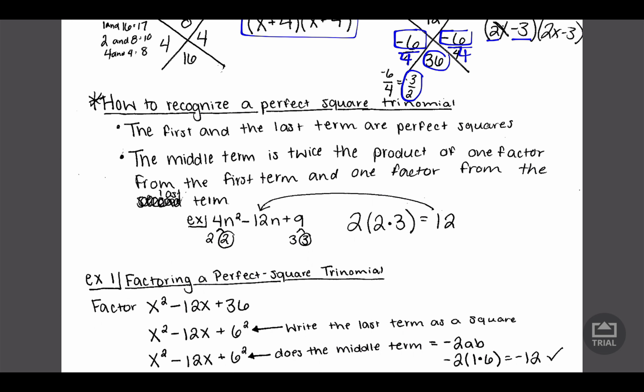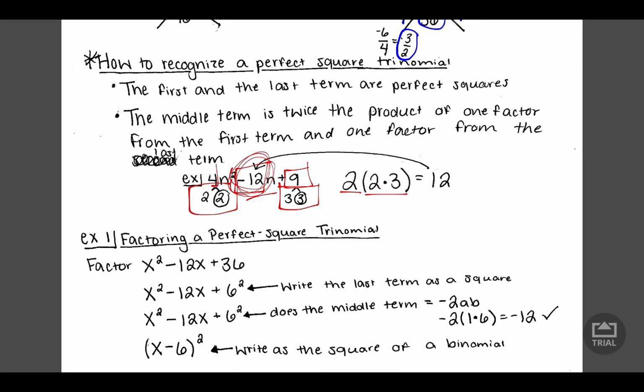So like if the middle number, 12 in this example, the 2 times 2 is 4, 3 times 3 is 9, the first and last terms, and 2 times 3 doubled is the middle term. That didn't make a lot of sense, but it's just the square root of the first term, square root of the last term, times 2. If doing that math equals the middle number, then it is a perfect square trinomial.